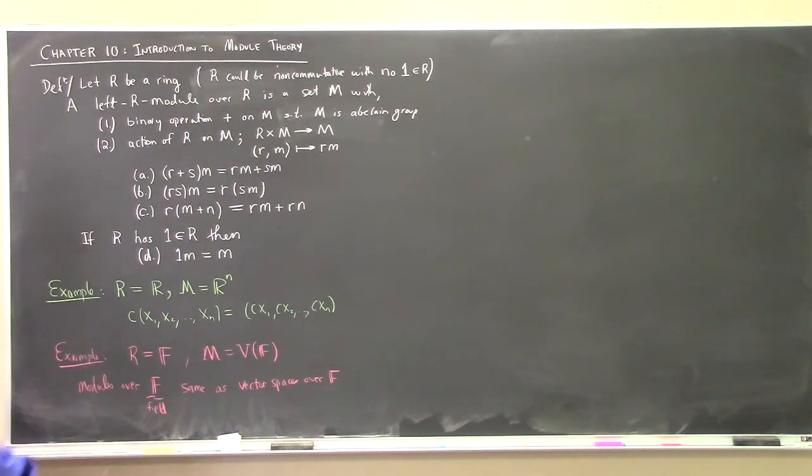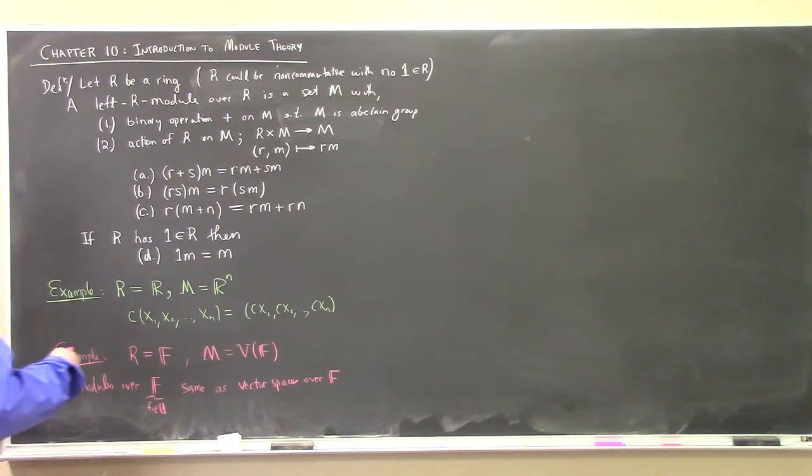Because what is a vector space? A vector space is a set where you can add vectors. There's a zero vector. The addition is commutative. It's closed under negation. In other words, with respect to vector addition, a vector space is an abelian group. And then we also have scalar multiplication on a vector space. But the axioms for the scalar multiplication are exactly the same as point 2 in this definition.